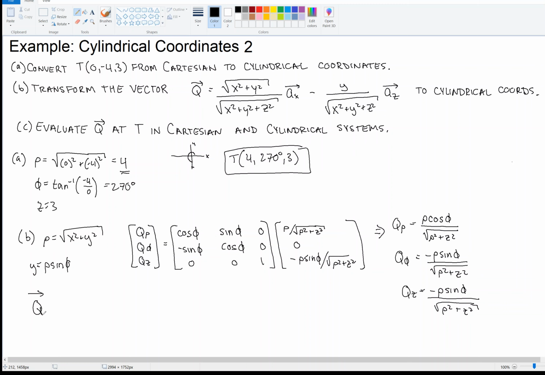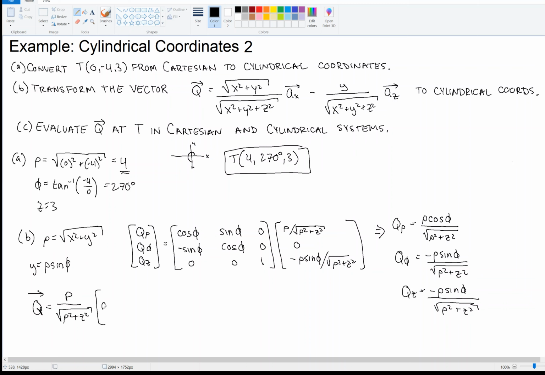Our answer, our vector field in cylindrical coordinates now is rho. I'll just actually bring out the denominator, 1 over the square root of rho squared plus z squared. I'll bring that out. I guess I could bring out a rho. Okay, and then what are we left with?